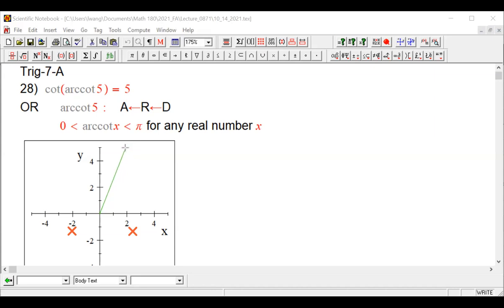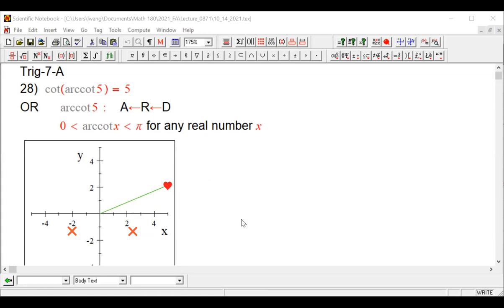I don't know where exactly. It's not a special angle, but the information tells us that the cotangent ratio is 5. What is a cotangent ratio? By definition, you pick any point on the terminal side of the angle other than the origin.